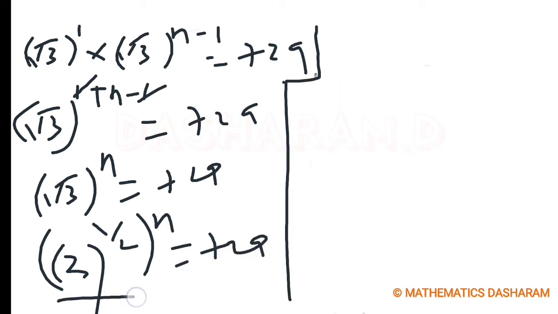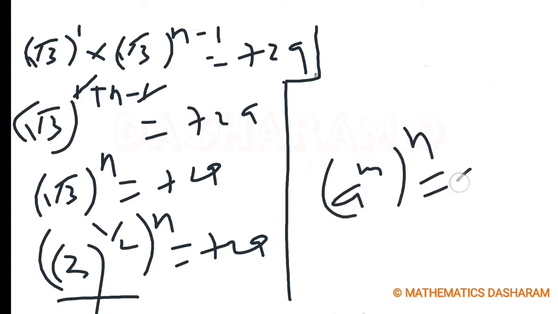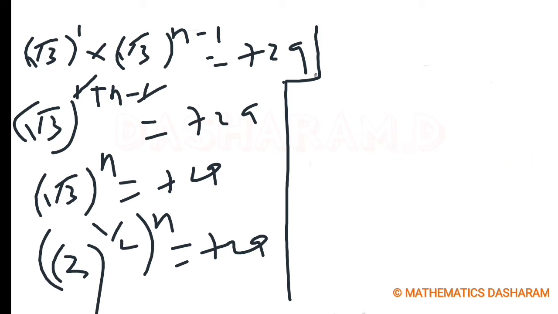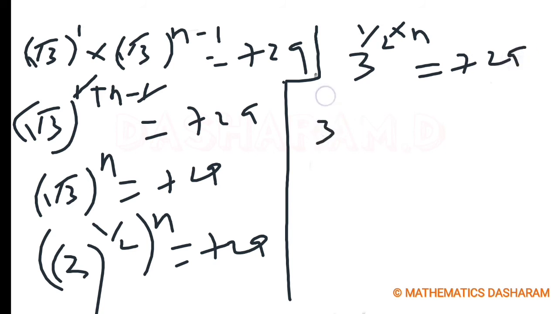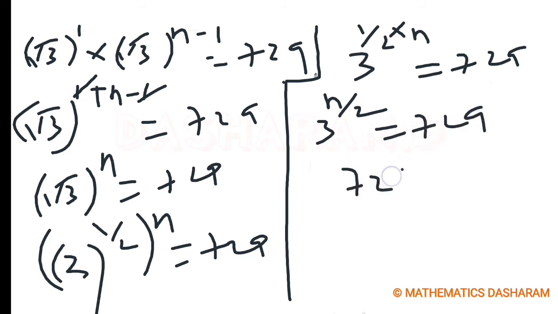So here a to the power of m whole to the power of n equals a to the power of m into n. So using this formula, we can simplify 3 to the power of 1 by 2 into n equals 729. 3 to the power of 1 by 2 into n will become n by 2 equals 729. Now we require 729 in exponential form.